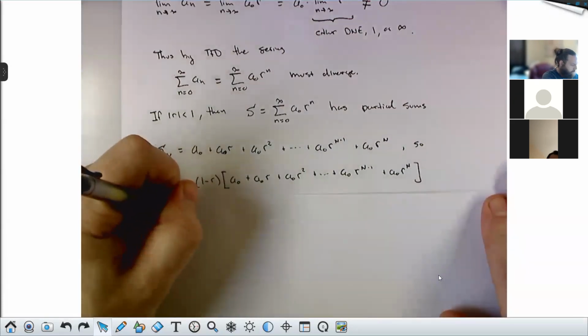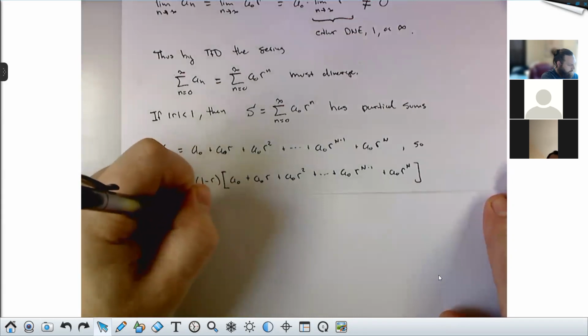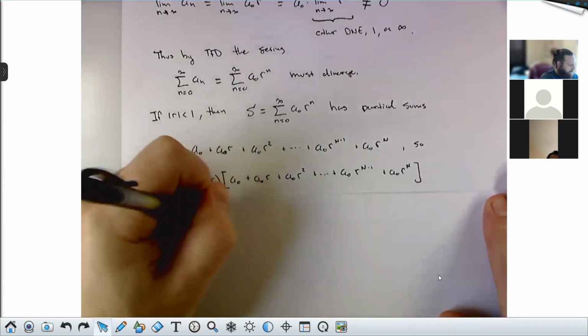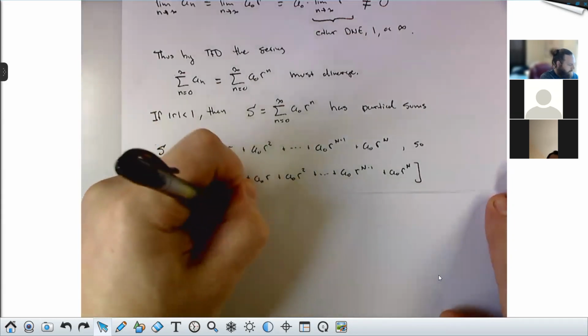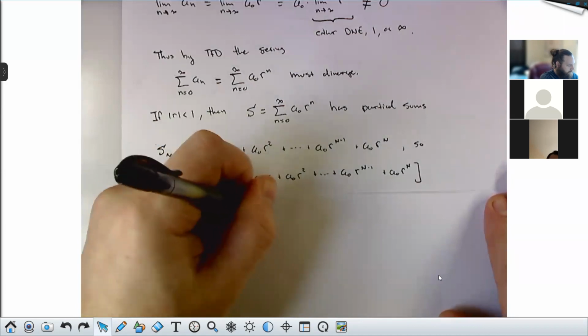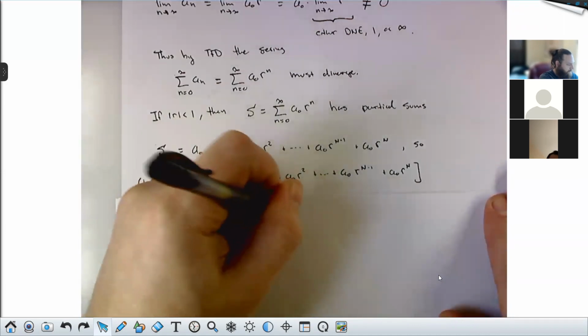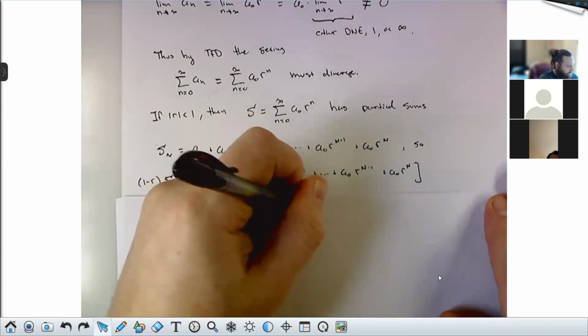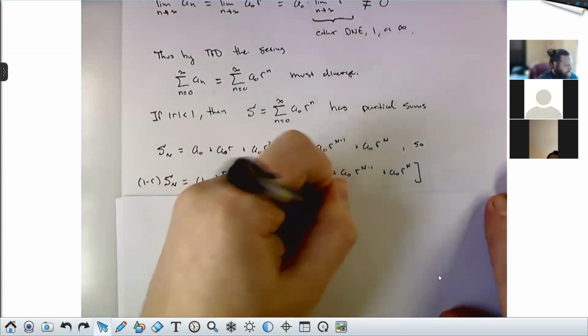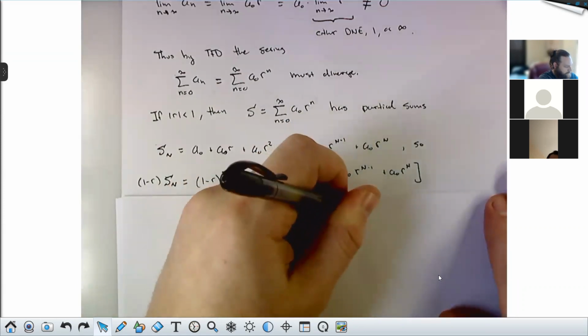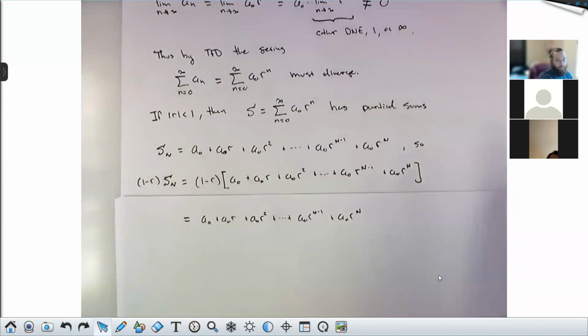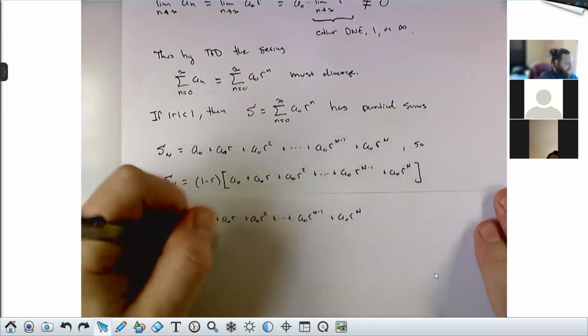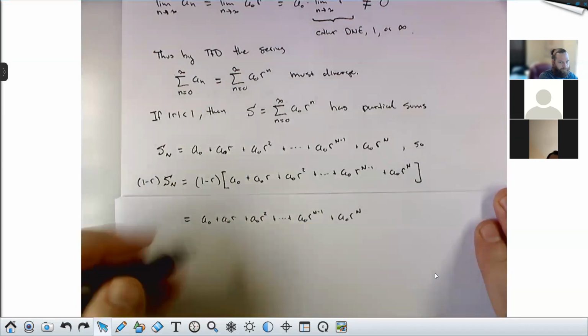When I distribute through the 1, I get a0 plus a0r plus a0r squared plus I just get that thing again, a0r to the n minus 1 plus a0r to the n. Right? Multiplying something by 1 doesn't change it. Now I'm going to multiply each term by minus r, and I'll write the answer down below here.